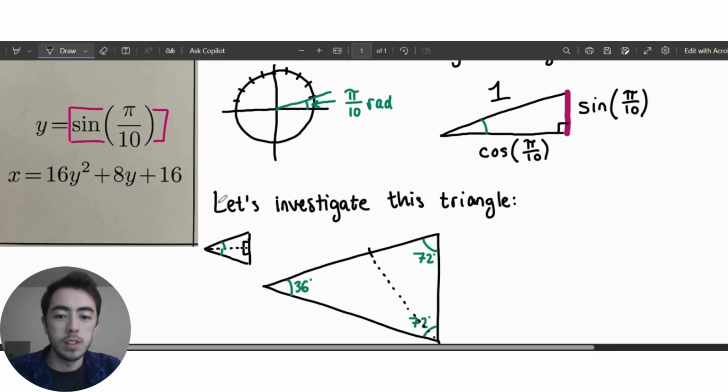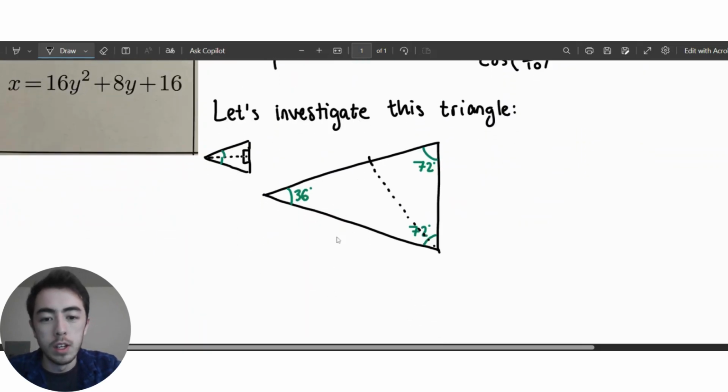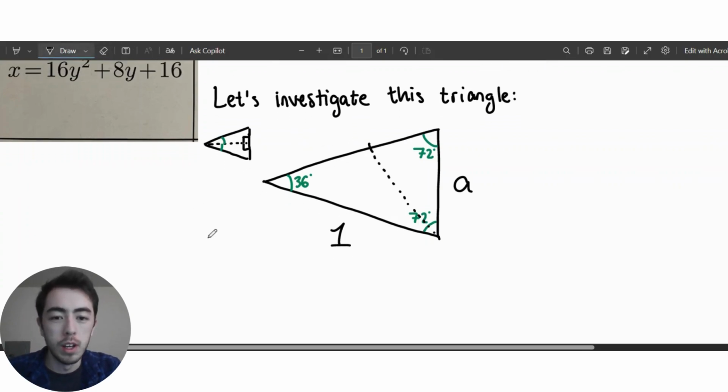So recall that this triangle ultimately had a long side length of 1, just kind of coming from that unit circle. So this is a 1 down here, and this is a 1 up here. And I don't really know this vertical side just yet, so I'll just call it A. And I'm erasing this 1 because I want a little bit of room.